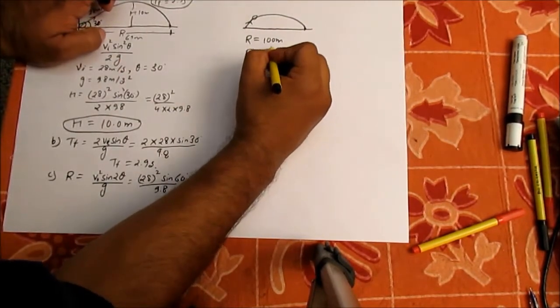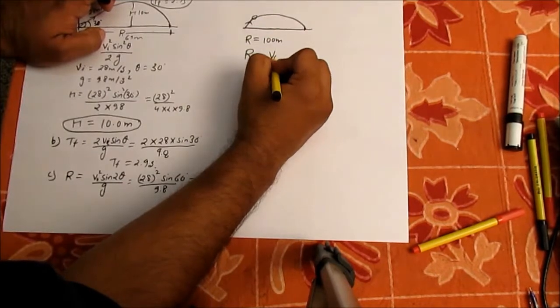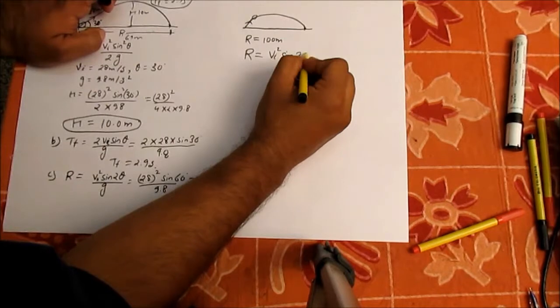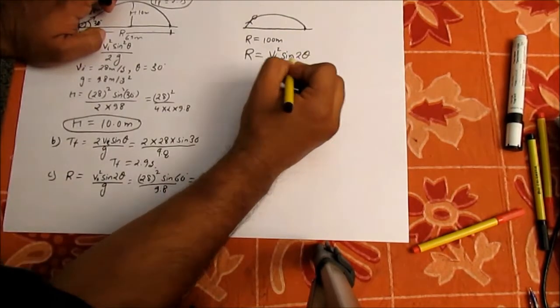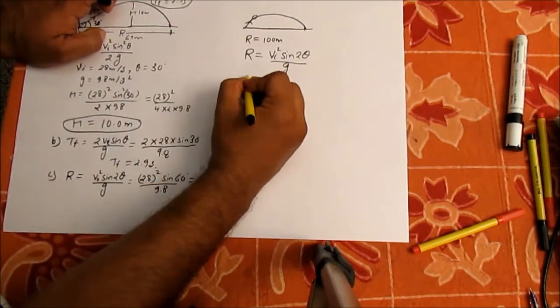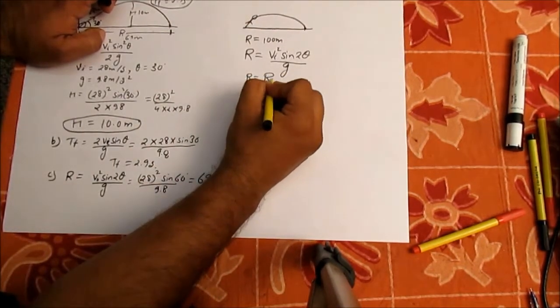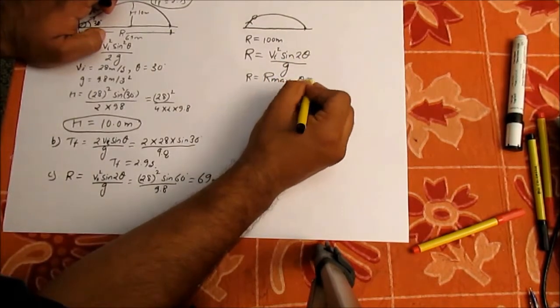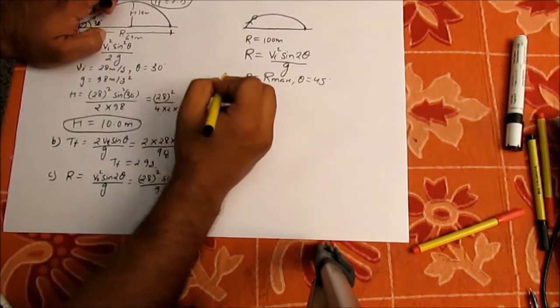The formula for R is Vi square sin 2 theta divided by g. You know R is equal to R max when this term is 90 degree, or theta is 45 degree.